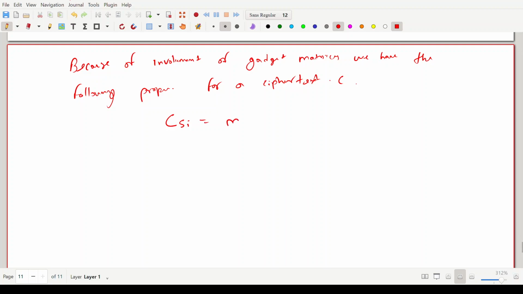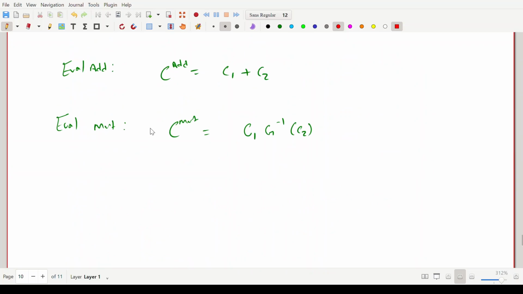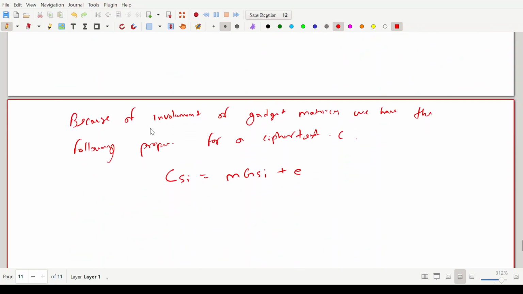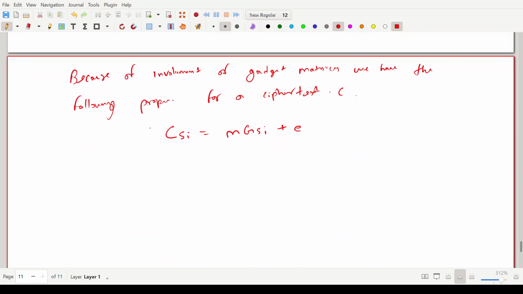I am having M G S plus E. Yes, so this is the property. That means I am multiplying my ciphertext with the secret key, and this is what I am getting.